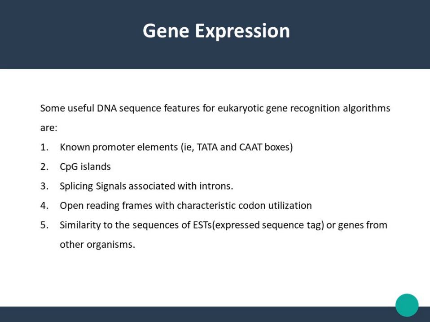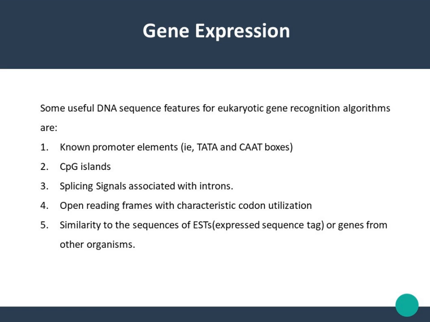When we learn gene expression, we should remember some useful DNA sequence features for eukaryotic gene recognition algorithms that we discussed. That is, non-promoter elements like TATA and CAAT boxes, CpG islands, splicing signals associated with introns, open reading frames with characteristic codon utilization, then similarity to the sequence of ESTs, that is expressed sequence tags, or genes from other organisms.